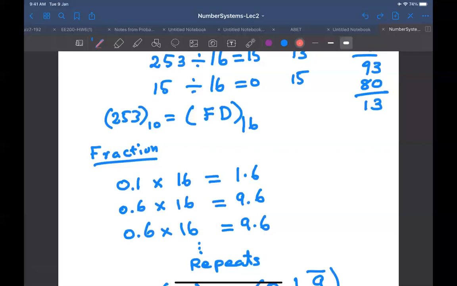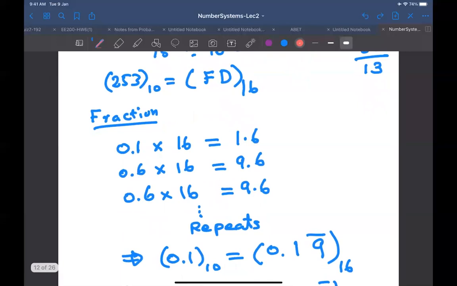So the answer here is 0.1 in decimal is equal to 0.19 with an over bar, the bar over the 9, in base 16. All right.